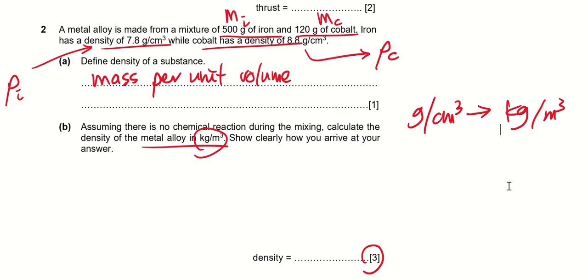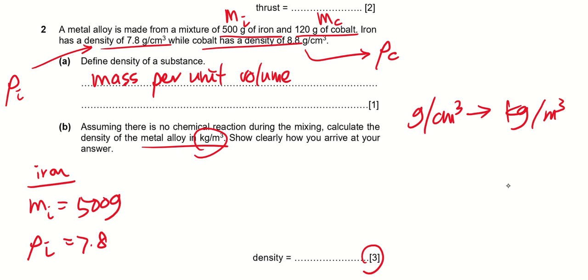So we are given for iron, we have the mass Mi equals 500 grams. The density of iron is 7.8 grams per cm cube, and our formula comes from the definition.